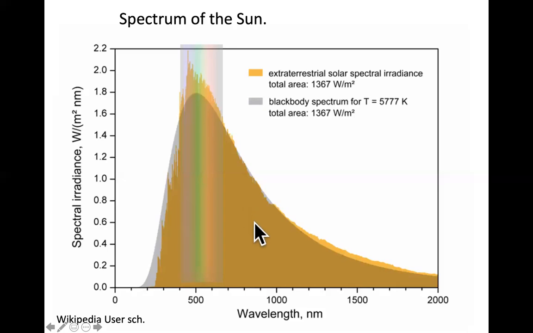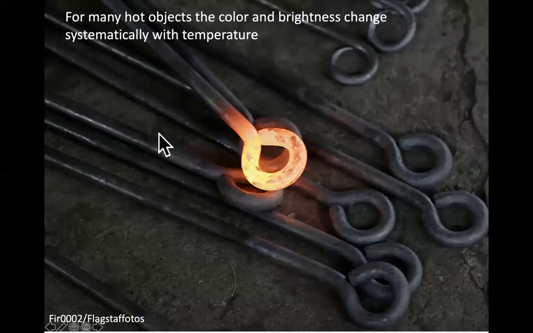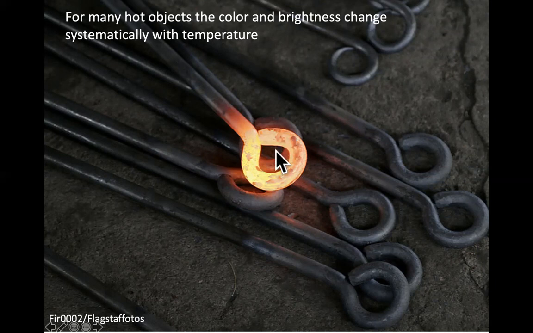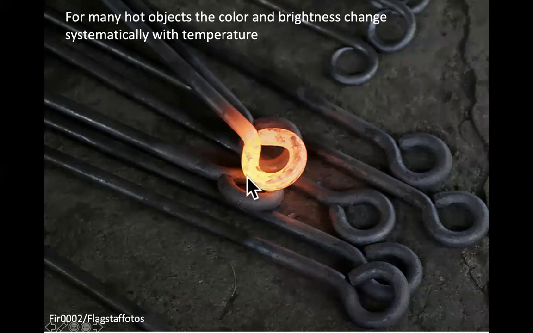It can also be seen in hot things on Earth. If you take a piece of metal and stick it in an oven and heat it up, it will start to glow. And it glows with very distinctive colors. This is an example here that just looks kind of nice. If you start it off, it glows a dull red, which you can kind of see here. As you go to higher temperatures, it starts to glow brighter and develop kind of an orange or yellow hue.